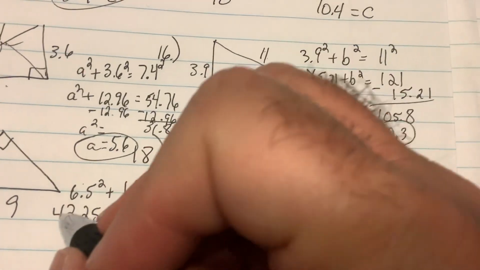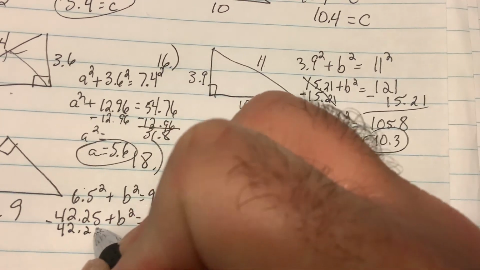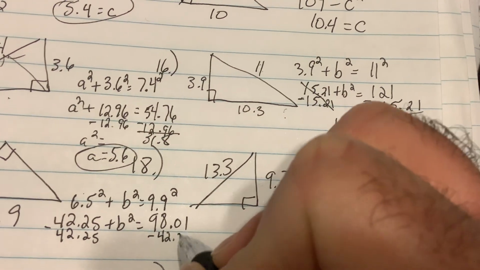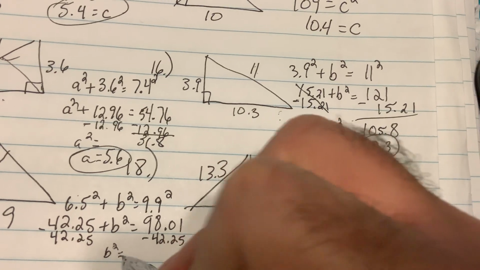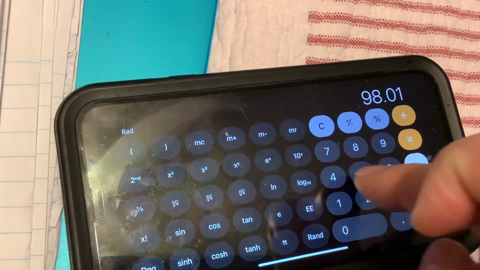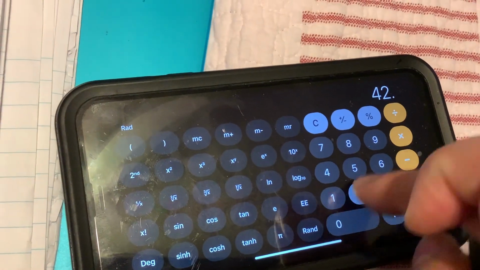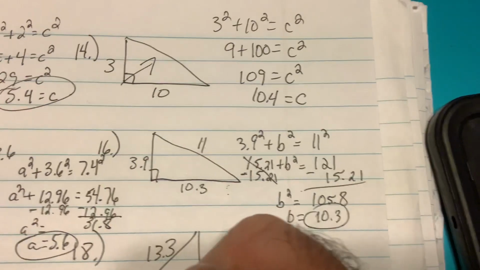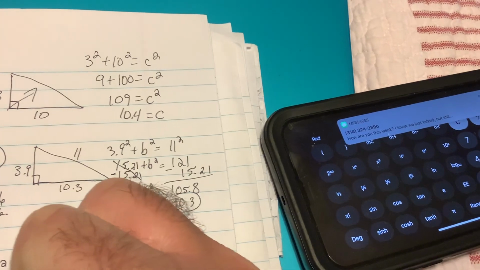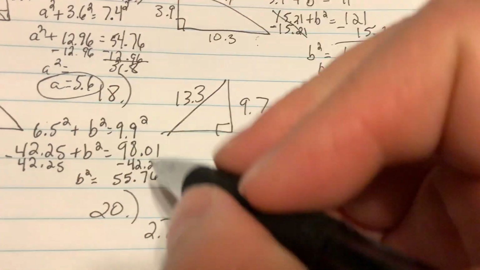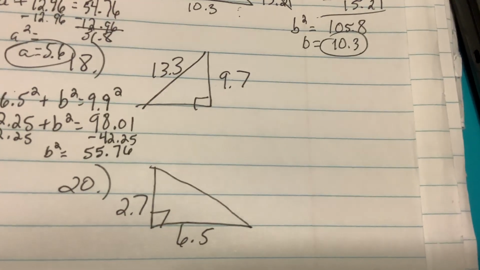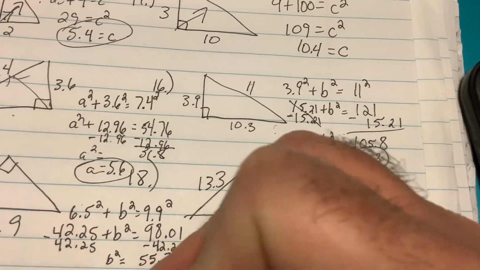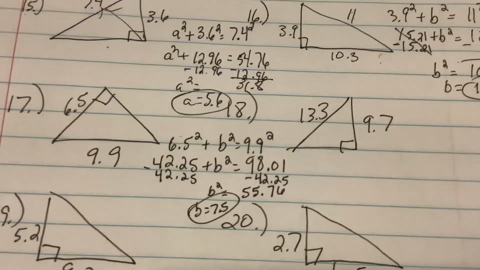And so to solve, we're going to move the 42.25. So b squared is going to equal 55.76. And then you just need to square root that. And it's 7.5. So that side is 7.5.